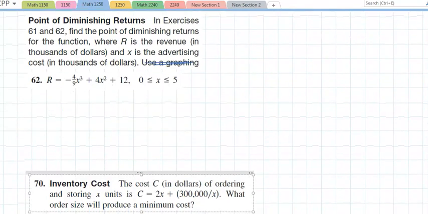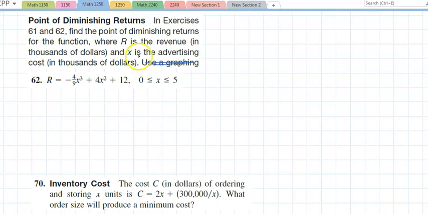And here's a problem. It says in exercise 61-62, find the point of diminishing return of the revenue, where revenue is in thousands of dollars and x is the advertising cost in thousands of dollars. Well, we'll take our prime, bring the power down, and that will become 4/3 x squared plus 8x.